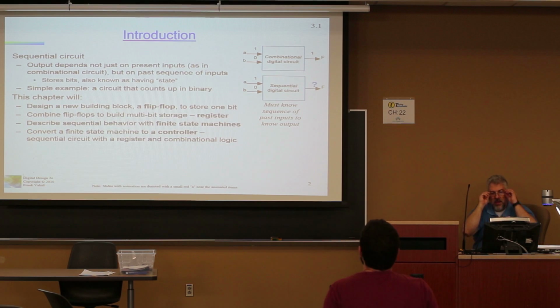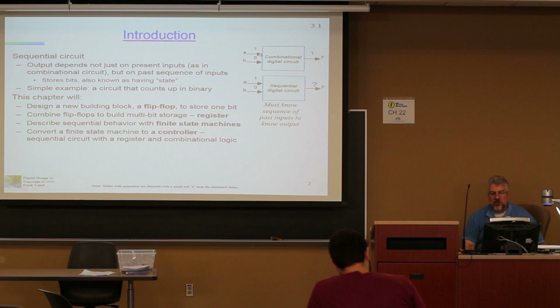So the whole concept is, as I said, in combinational, you get inputs, maybe A and B. Your output will never change. It'll always be the same. If you have a 1 input here and a 0 output here, you will always get the same output.